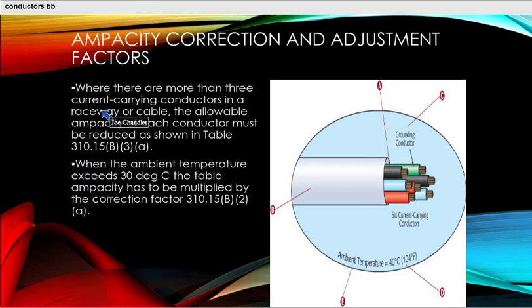This first one is whenever I have more than 3 current carrying conductors in a raceway or cable. I use table 310.15(B)(2)(a) whenever my ambient temperature exceeds 30 degrees Celsius or 86 degrees Fahrenheit.